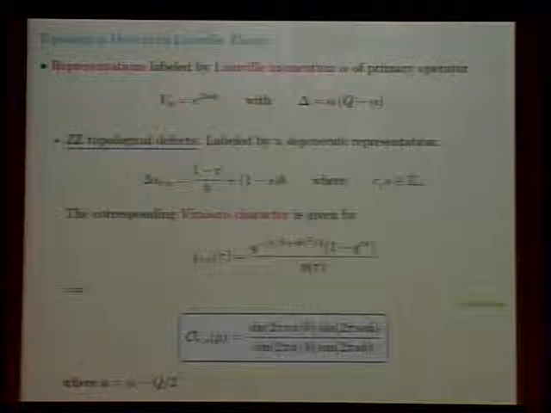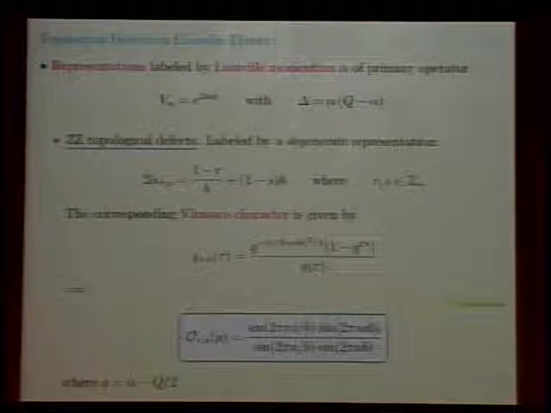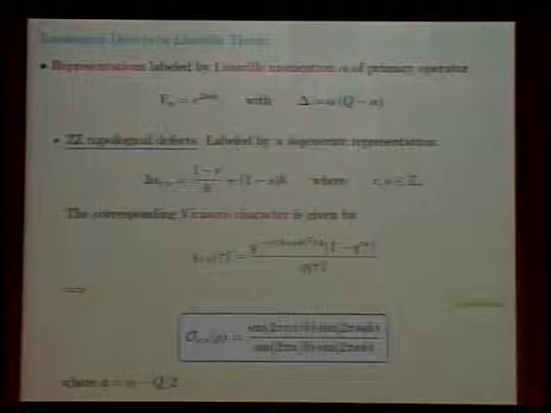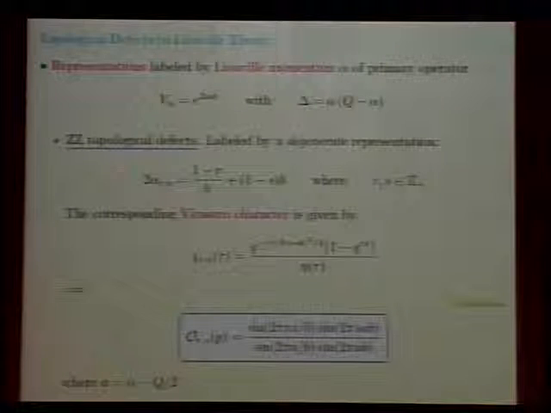And so representations of Liouville are labeled by the momentum, what's called the Liouville momentum. The primaries are created by vertex operators of this particular form, and this is their conformal dimension.